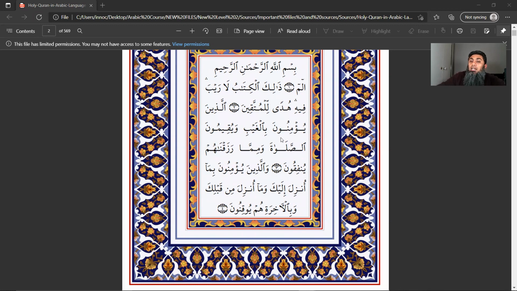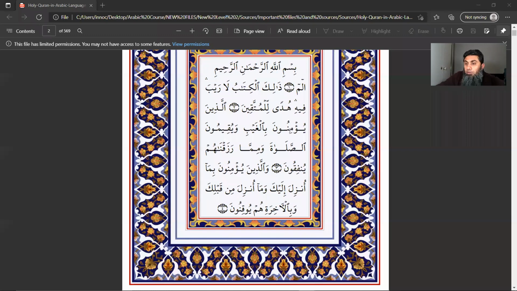Inside of yu'minuna, they, or whom, is the fail, the doer or the subject. Bil ghaibi: ba is harf jar, and because of this ba, al-ghaibi is majroor. So bil ghaibi is a jar majroor, and we know that this jar majroor phrase inside of a jumlatul failiya is called muta'alliq bil fail.